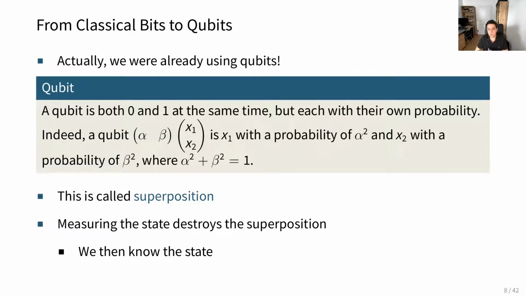The state collapses, so we don't have a superposition anymore, we have a specific output, so we then know the state. This measuring is usually done at the very end of a computation.